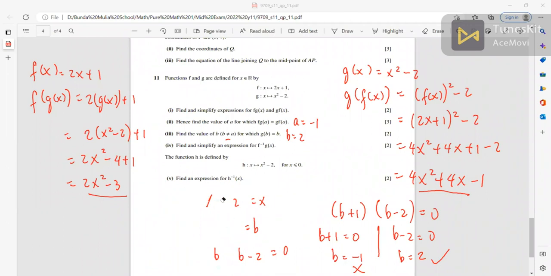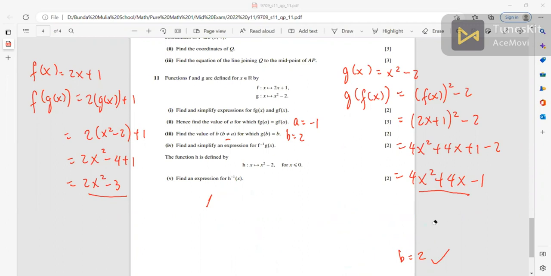And the fourth one, it asks us to find f inverse of g(x). So we have to find the f inverse first. Let's say we have y equals 2x plus 1. Whenever it asks us to find the inverse, our target is to make x equals something. So this should be x equals (y minus 1) over 2.